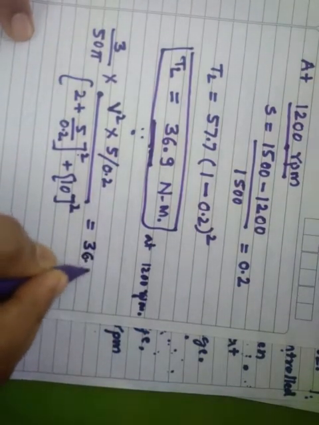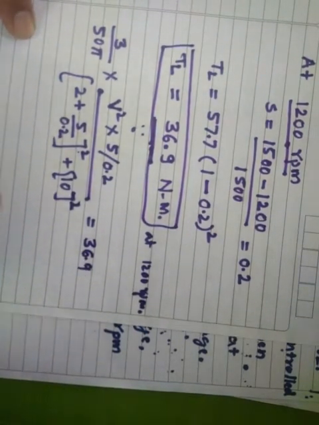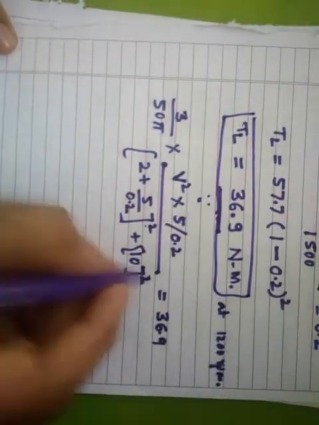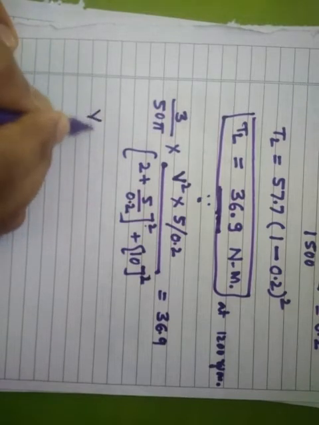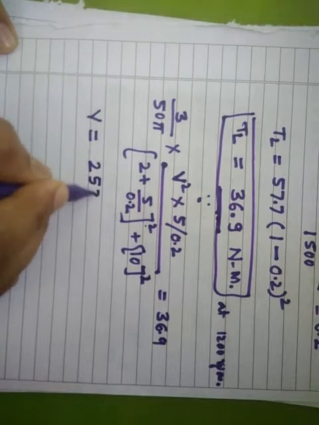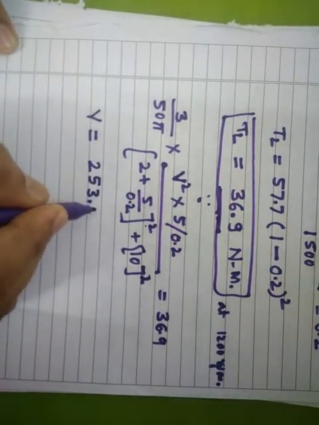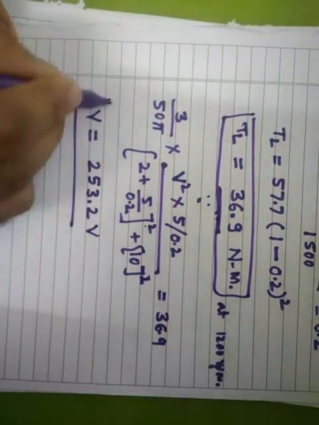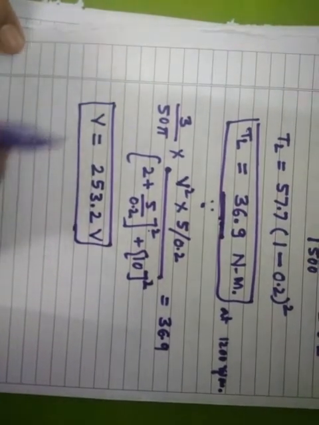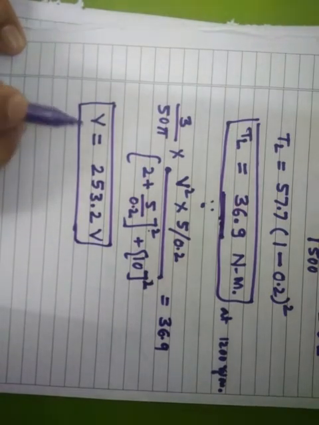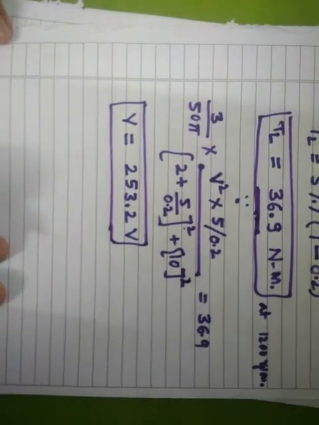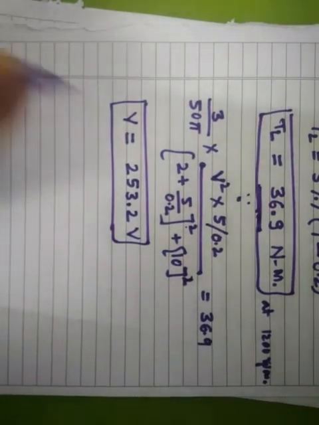Now I will substitute this, 36.9. After simplifying and finding the voltage, V is equal to 253.2 volt. Okay, this is the terminal voltage. The first one we calculated is load torque and the second one is voltage. The third one we need to calculate is current, the stator current.